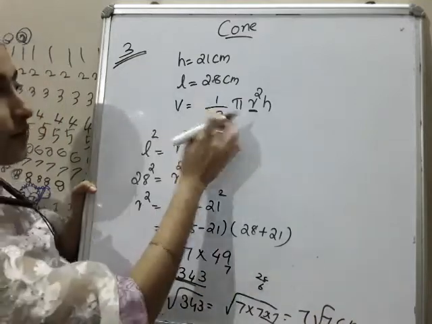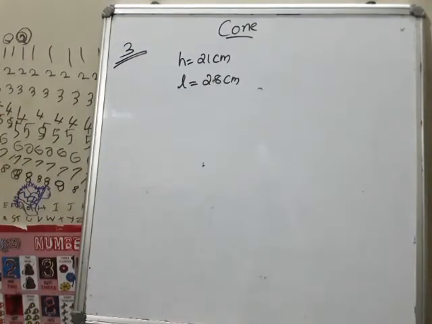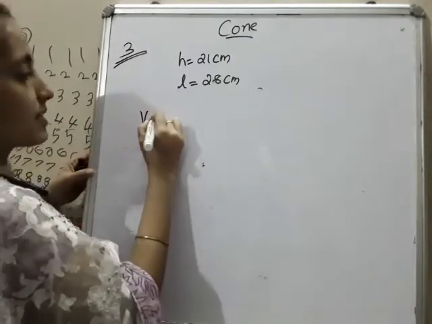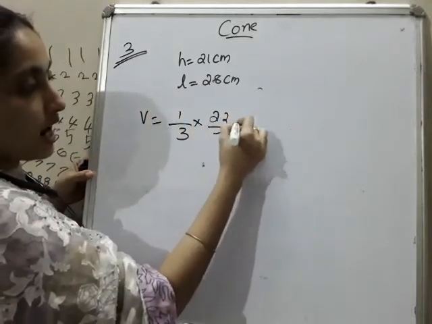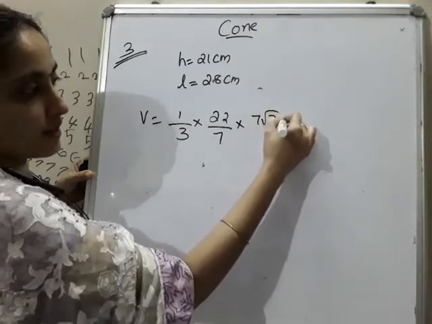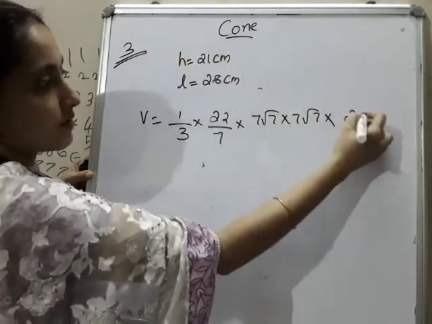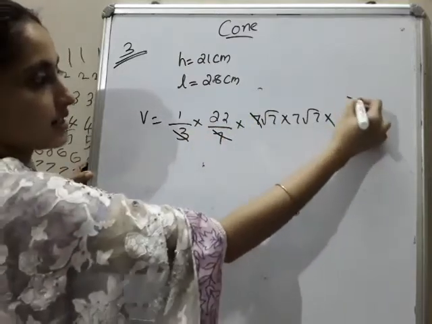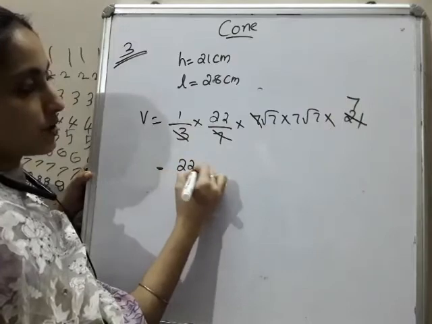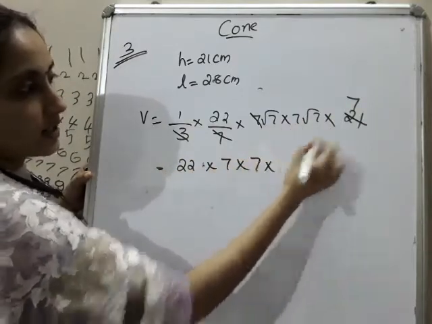You want to find the volume, so please write down these things. Volume is equal to 1 by 3 into pi value 22 by 7 into r square, r is 7 root 7, into 7 root 7, into height which is 21. You can cancel 7 and 7, and 3 and 21. So 22 into root 7 into root 7 is 7, into 7 into 7.